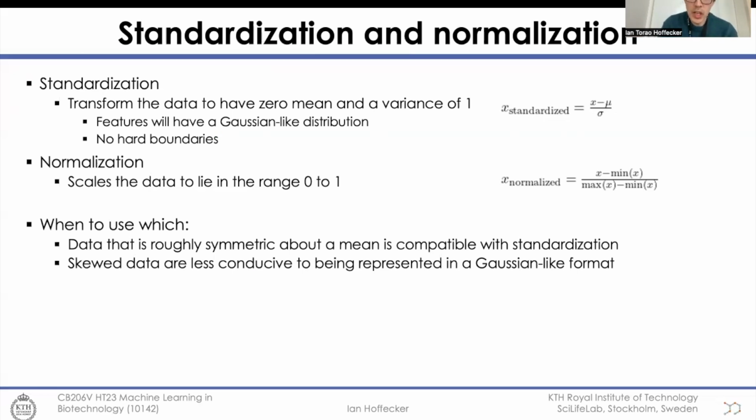So when to use which, this can be a bit of an art, but in general, if you have symmetric data, so kind of Gaussian-like data, then this is going to be better for standardization. Whereas if you have very skewed data, then normalization would be the more natural choice.